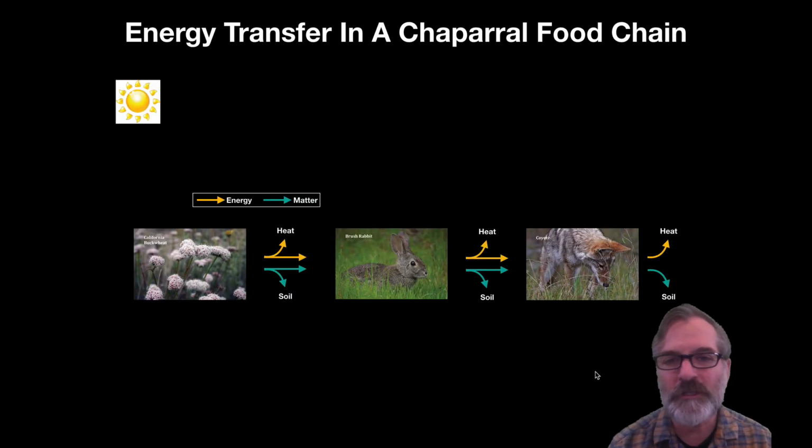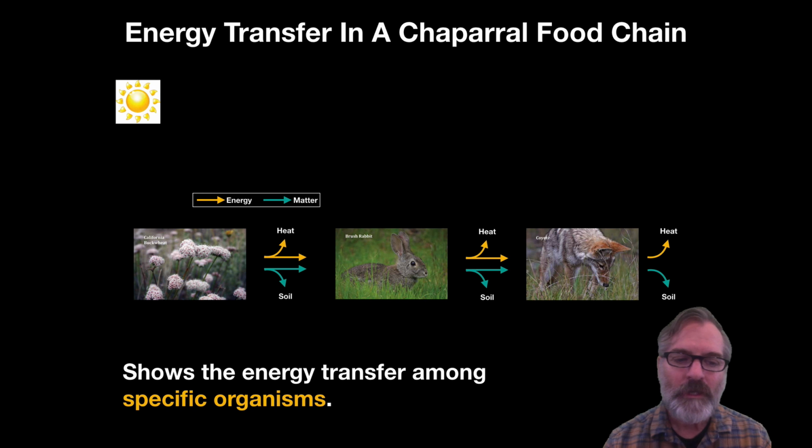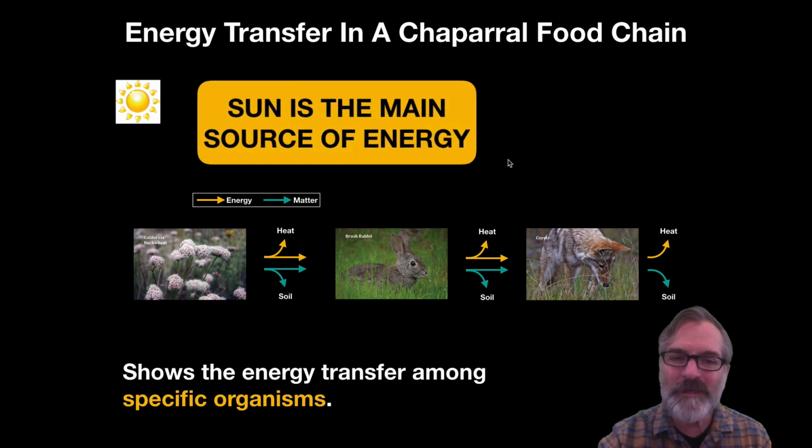Now, let's talk about energy transfer in a Chaparral food chain. This shows the energy transfer among specific organisms. That's what a food chain is. Now, the sun is the main source of energy.